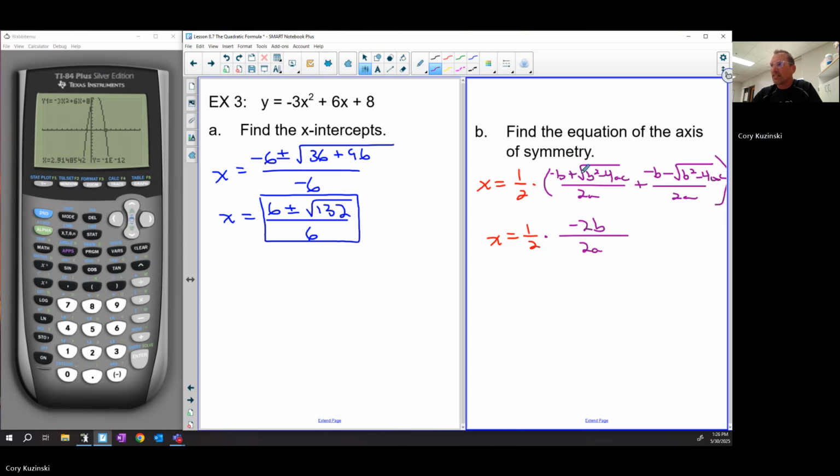And this positive square root of b squared minus 4ac and this negative square root of b squared minus 4ac cancel each other out. They add up to nothing. So it's just half of that. So it ends up being x equals half of this. Well, these 2's cancel out, and then we just end up with -b over 2a.